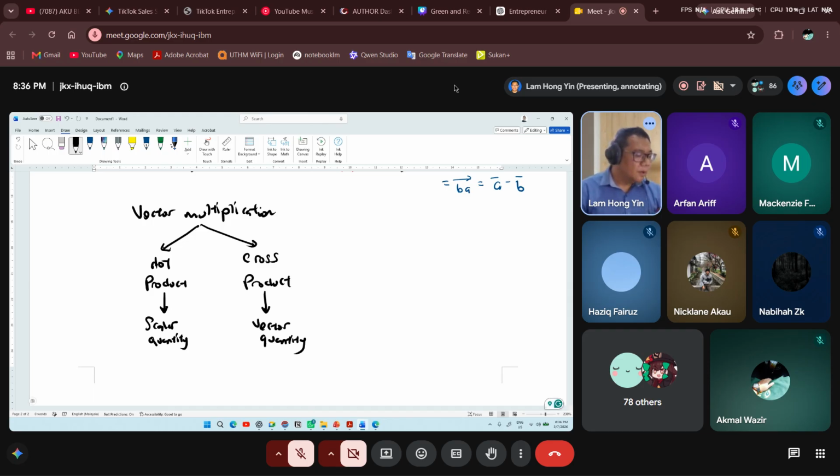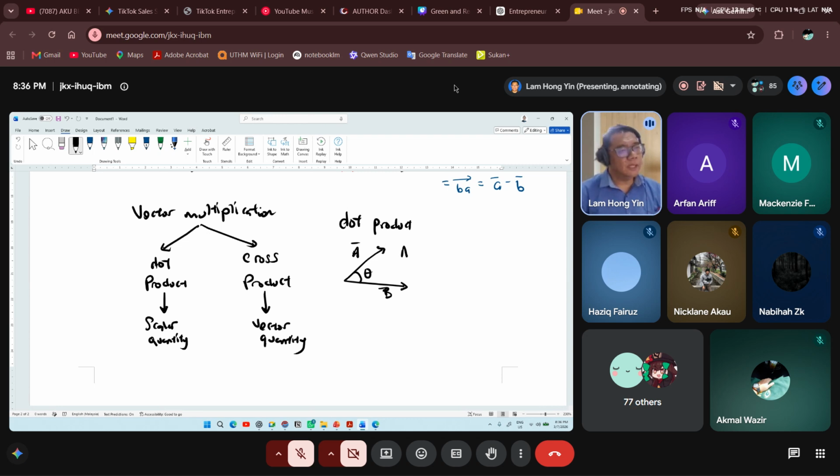When we perform the dot product or the cross product among two vectors, for example for the dot product, if I have a vector A and a vector B, and there is a small angle between them, this is what we call theta.